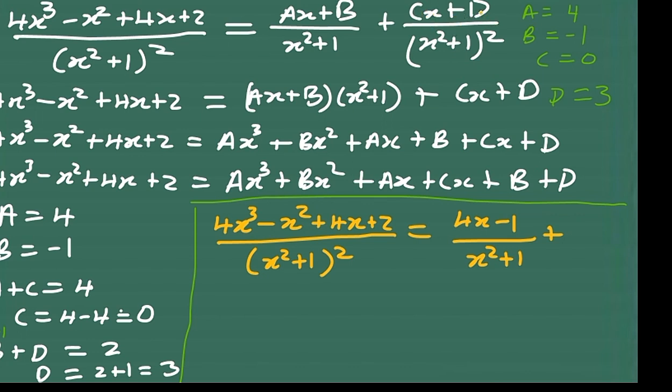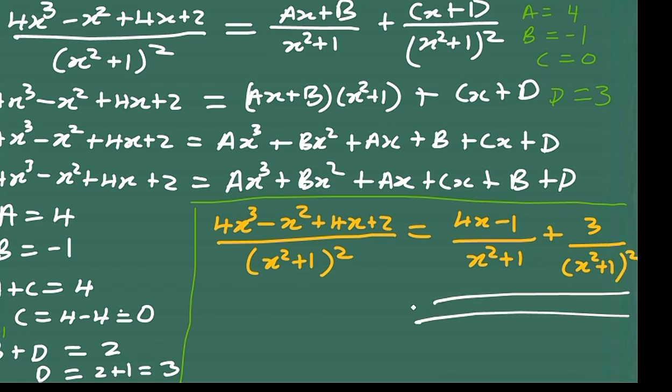And now we are going to have the term d, which is 3, all divided by x squared plus 1 all squared. So this is how we go about decomposing a quadratic repeated factor. Thank you.